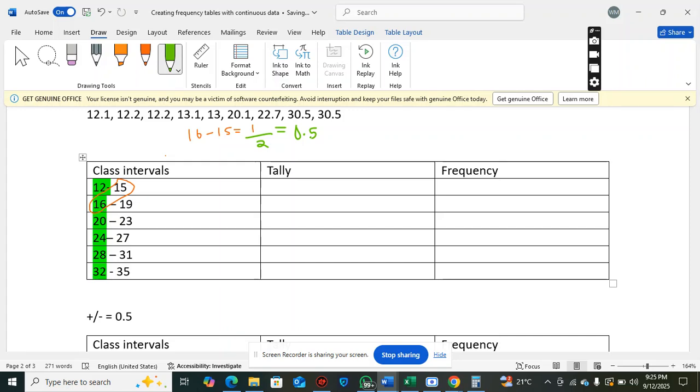Okay. So to make our class boundaries, our lower limits, we're subtracting 0.5, and our upper limits, we're going to add 0.5.